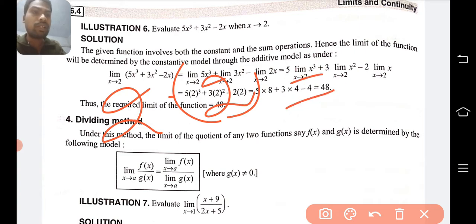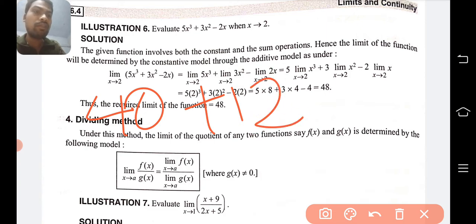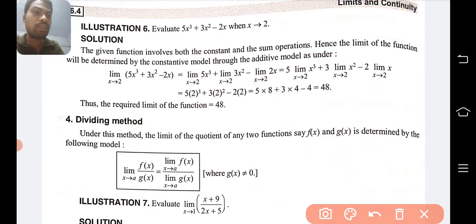So what can we get? We get 4. So we get 40 plus 12 minus 4. Okay, so this is equal to 52 minus 4, which is equal to 48.